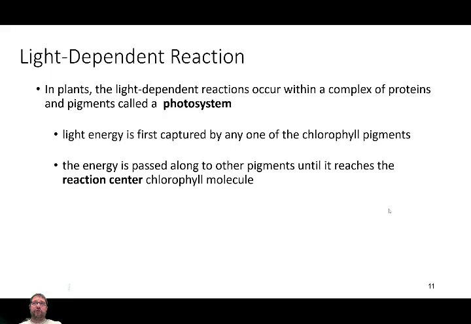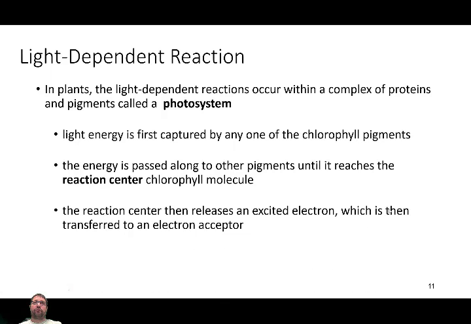Eventually, that energy reaches the reaction center, and it excites an electron. The electron is released from the reaction center. The excited electron is picked up by an electron carrier and taken to another portion of the cell membrane, in which the electron is released into another protein.